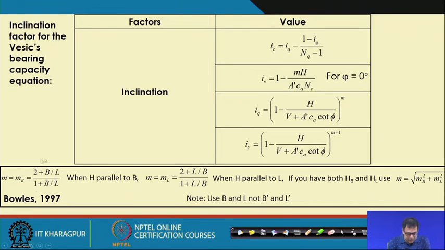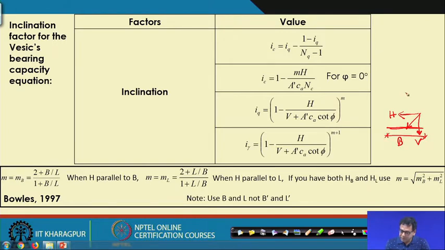We can calculate m using this expression when H is parallel to B. In our case, H is parallel to B. If this is the width, your load is acting in this way, so the horizontal component is parallel to the width axis, and this is the vertical component.